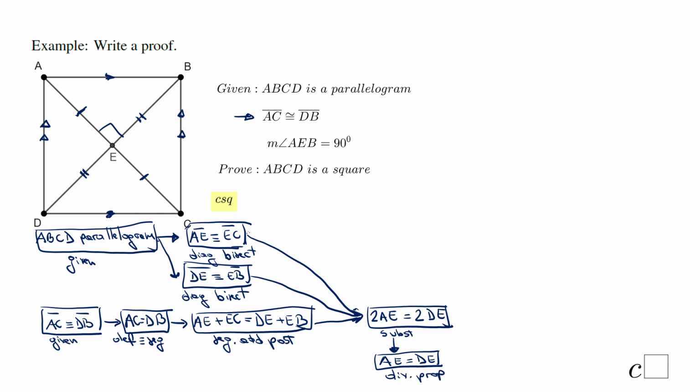So now you notice we proved in fact that, besides the fact that diagonals bisect each other because it's a parallelogram, all 4 of these segments are congruent. So now I can go back here, change the color, and mark all these segments the same because they are congruent. We proved it now.